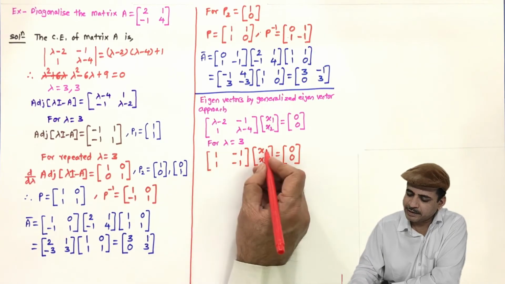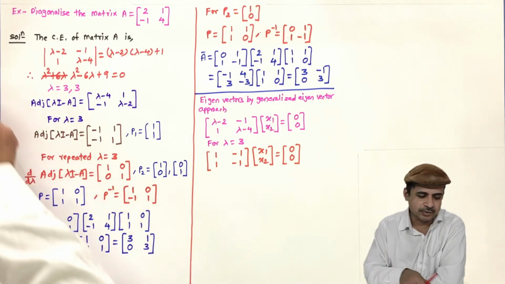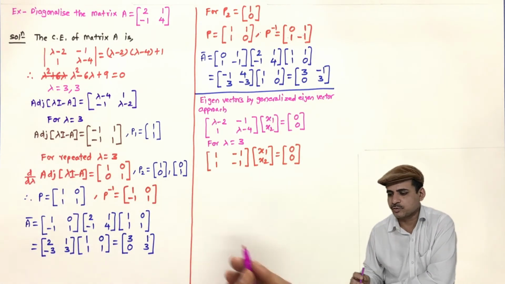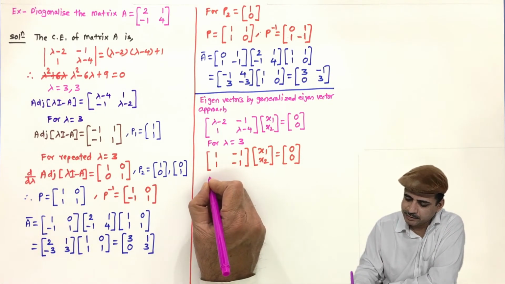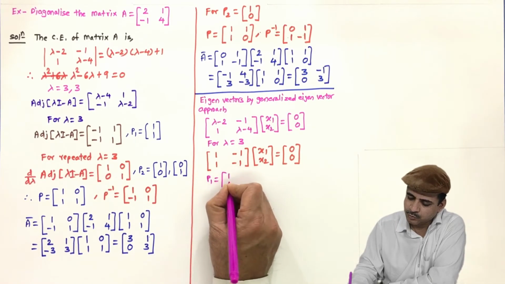So from this what I get, x1 minus x2 equal to 0, means x1 equal to x2. So if x1 is equal to 1, then x2 is also equal to 1, and which gives me P1 equal to 1 1.